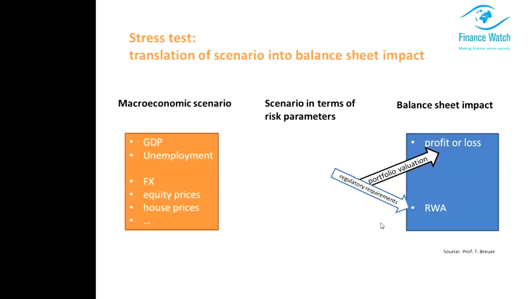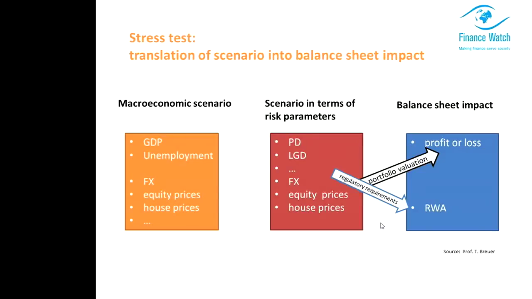And banks have to translate these scenario factors, this macroeconomic scenario on your left, into risk parameters to come to the balance sheet impact. And in the case of credit risk, it will be point-in-time probability of default and point-in-time loss given default. And banks which use internal models for calculations of capital requirements will use them for this translation as well.